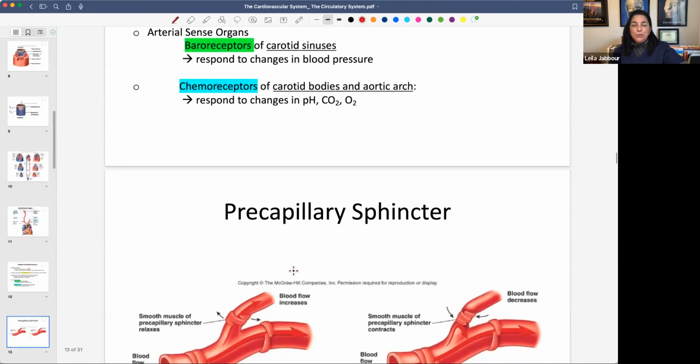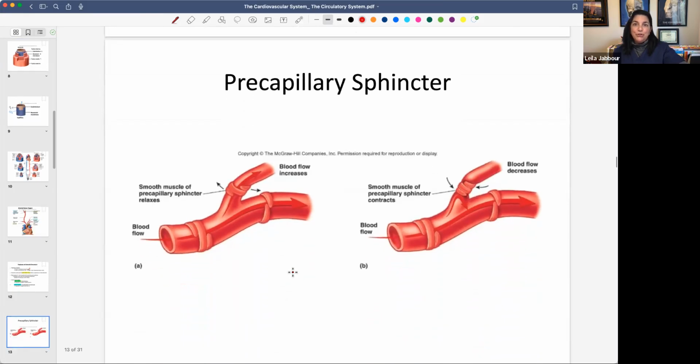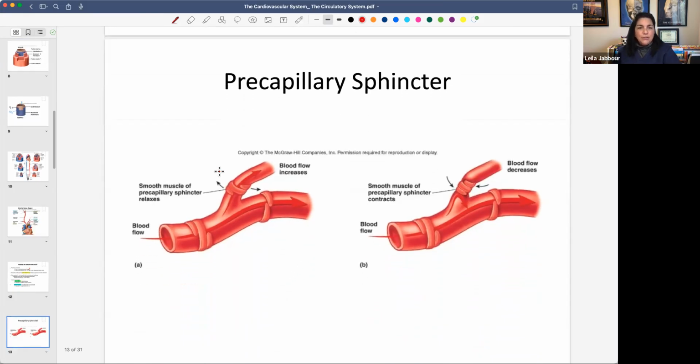So let's talk about these precapillary sphincters that I just mentioned to you for the first time. In these metarterioles, we have smooth muscle sphincters. These sphincter muscles are basically controlling the flow of blood, whether it goes straight through the arteriole and into the capillaries or not.